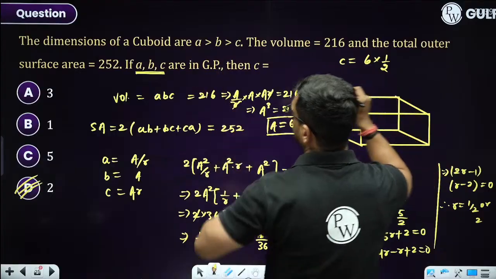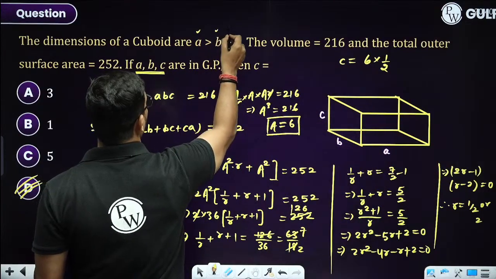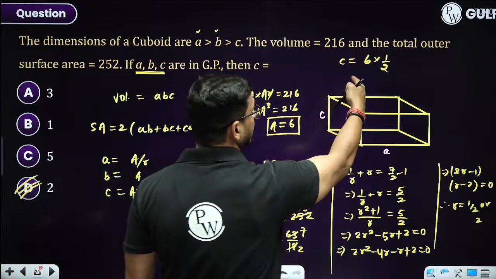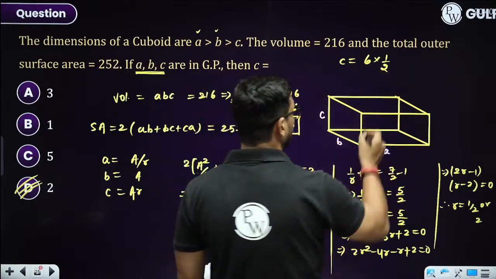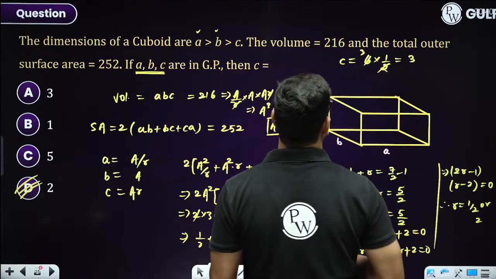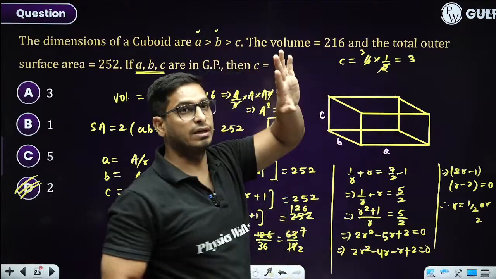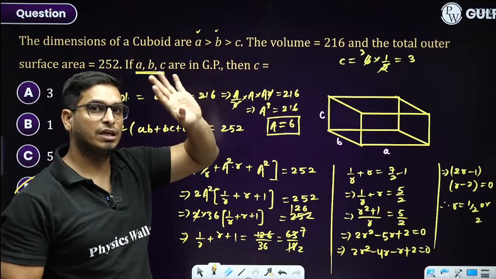This is of decreasing type. A is greater, B is greater, decreasing type. So in that case we will take 1 by 2. So this should be 3. If nothing were mentioned here, then we can also take 2.